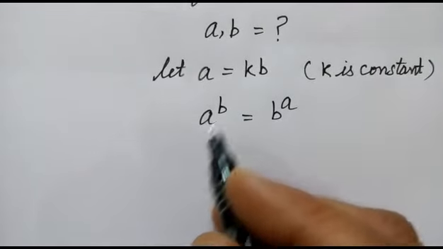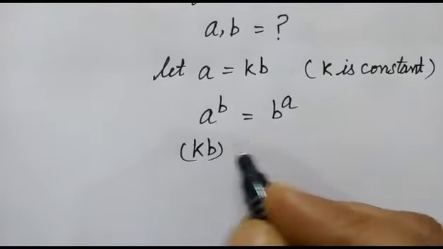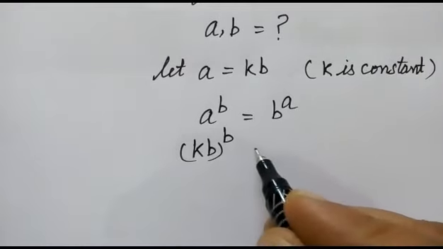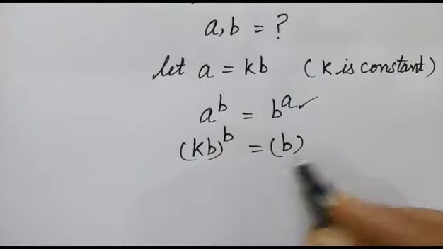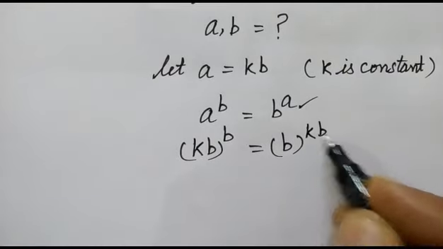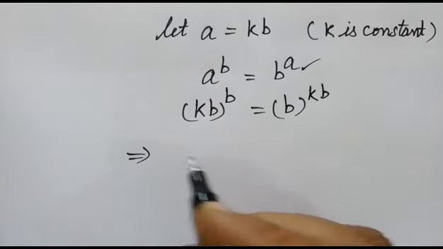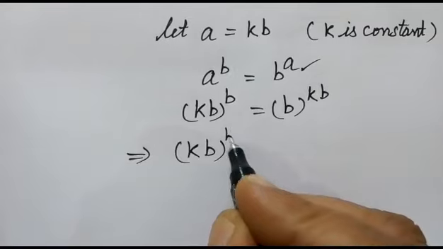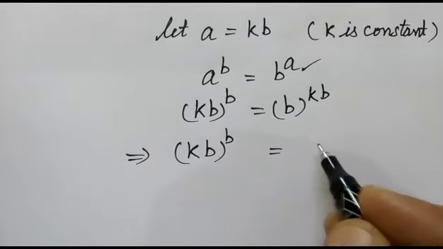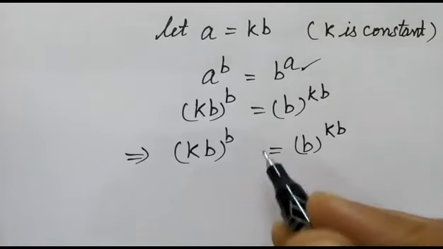If we put the value of a as k into b, we get k into b to the power b is equal to b to the power k into b.